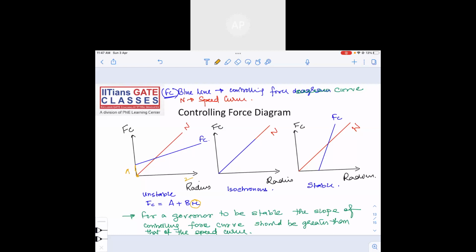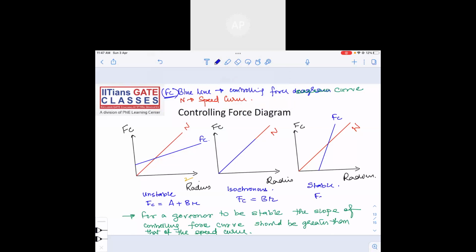What is the equation for isochronous? The equation for isochronous will be FC equal to BR. And what is the equation for a stable governor?